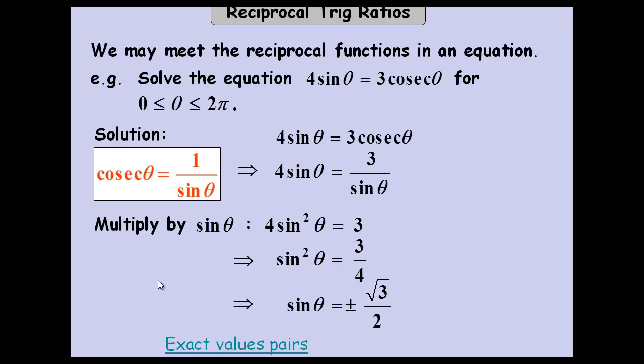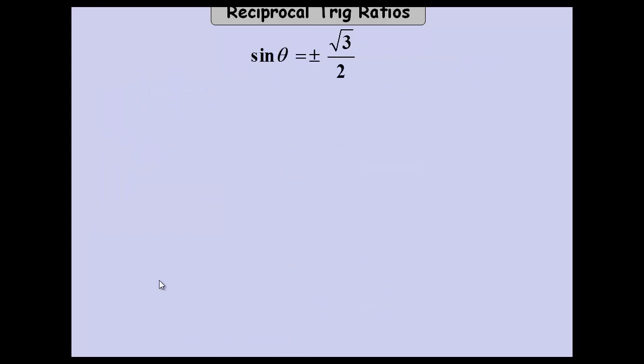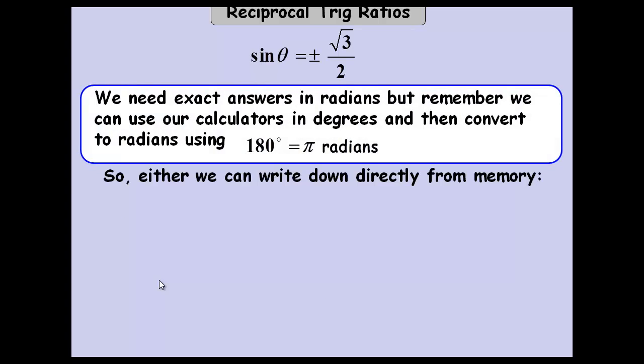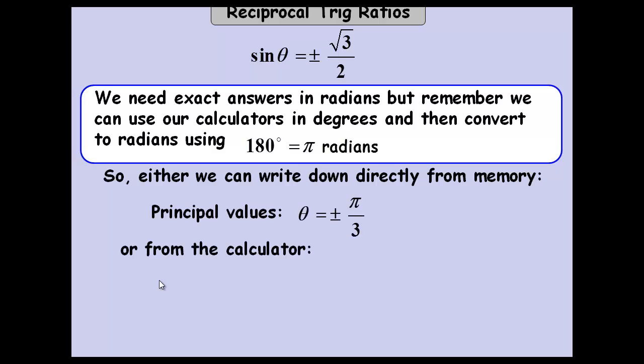Use the sine graph to find all the solutions that fall between 0 and 2 pi. I'll leave you to do that. So pause the presentation again, and then I'll run through the answer. Okay, you can convert using the calculator, but setting to radians I would prefer.